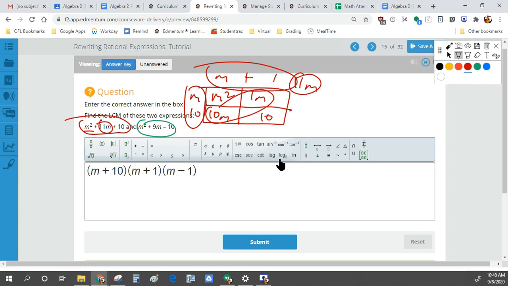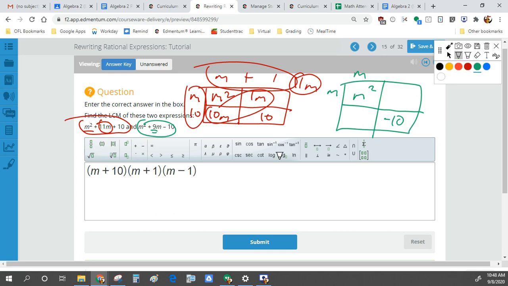Let me do a box for the second one. m squared, negative 10. This becomes m and m. And this, we want to get this negative 10 here. So notice how the middle number is negative or positive.